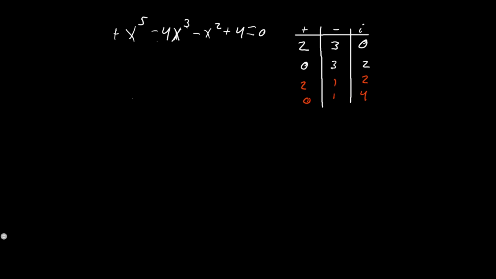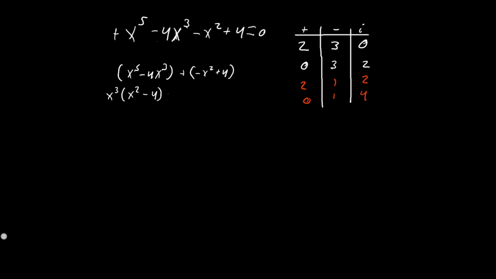So now we are going to go ahead and try to factor this out. So we see we can group this and factor this out by grouping. So we have x to the power of 5 minus 4x cubed, plus negative x squared plus 4. And we could just factor out an x cubed from here, x cubed times x squared minus 4.